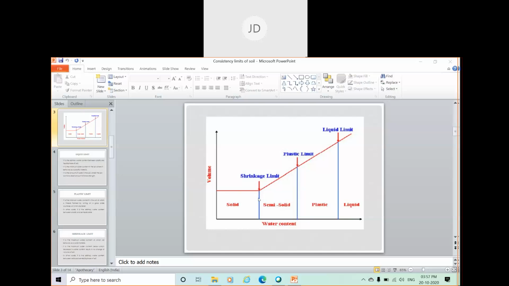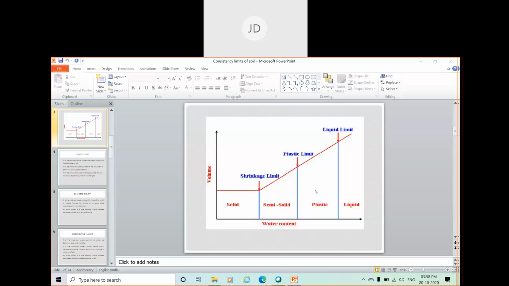This is the minimum water content at which the soil becomes saturated. If you reduce a little bit of water below this point, the soil becomes partially saturated. Only at this point and after it, the soil is fully saturated.